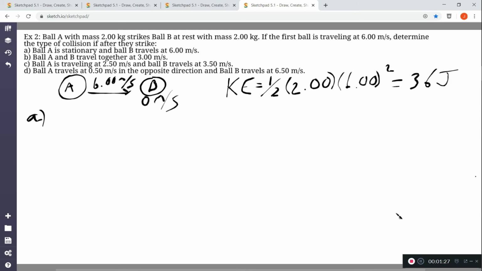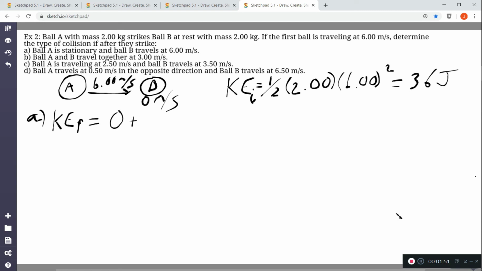So now what we can do is compare how much kinetic energy is in the end scenario to that. Let's label this initial. In this situation, the kinetic energy final: it says ball A is stationary, so it has 0 kinetic energy.